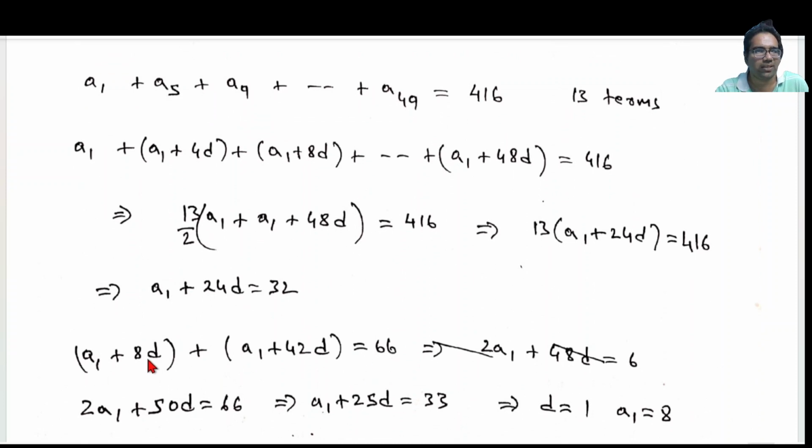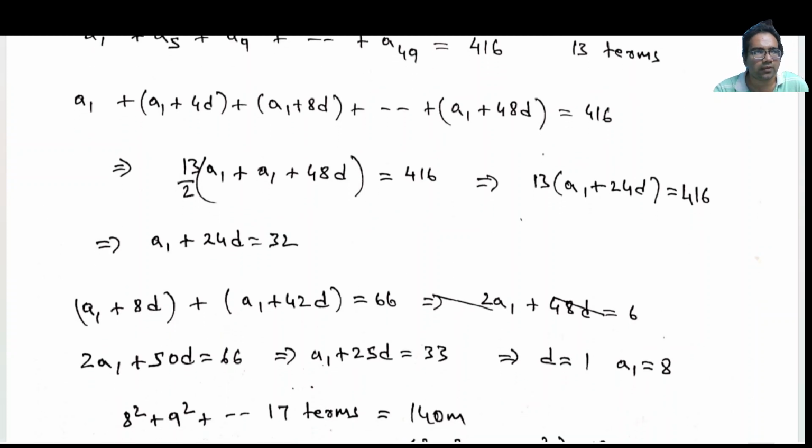That means 2A1 plus 8D plus 42D, which is 50D. So 2A1 plus 50D equals 66. That means A1 plus 25D equals 33. We have A1 plus 25D is 33 and A1 plus 24D is 32. If you subtract this one from this one, we have D equals 1.